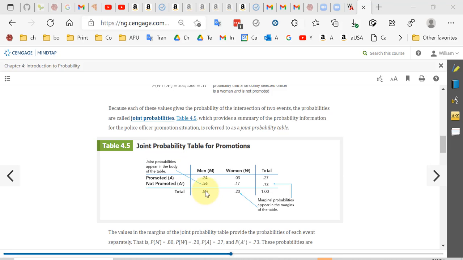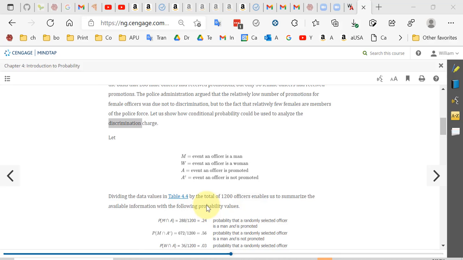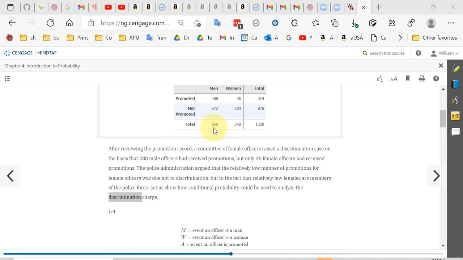And what do they tell you? This one tells me the probability that we got a man. And where does that come from? It's the sum of the probability of men and promoted and the probability of men and not promoted. That's all the men, and that turns out to be 0.8. You could have also gotten that from 960 divided by 1,200, which would still give you 0.8.